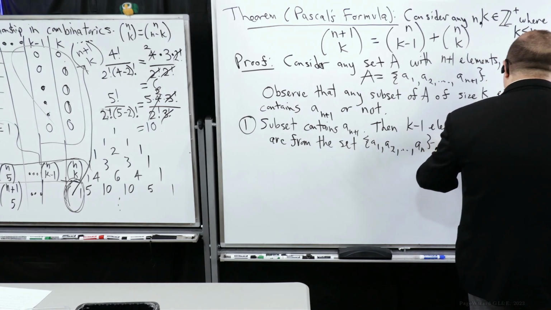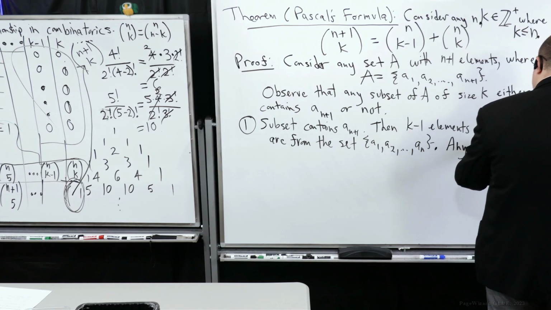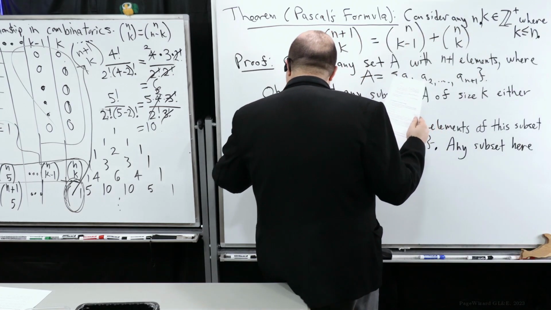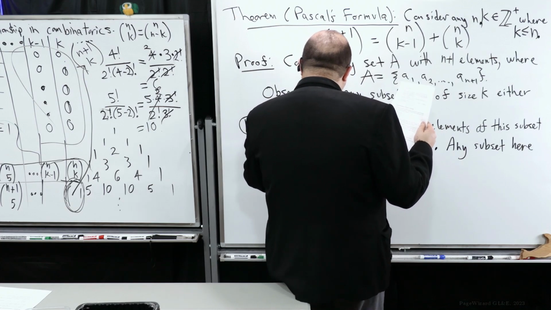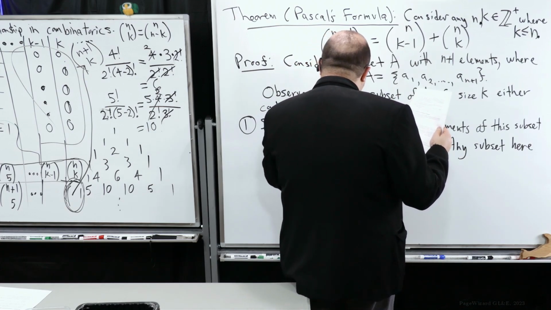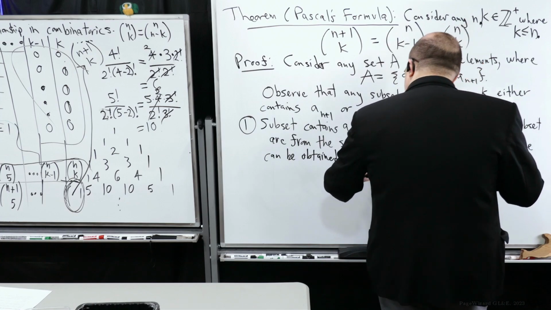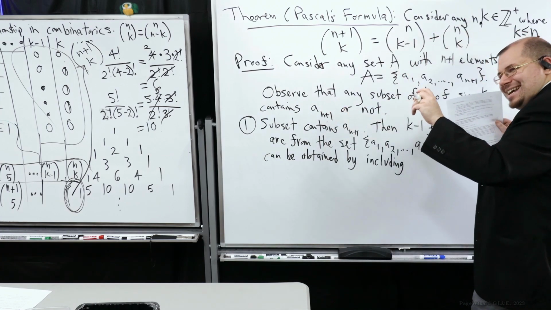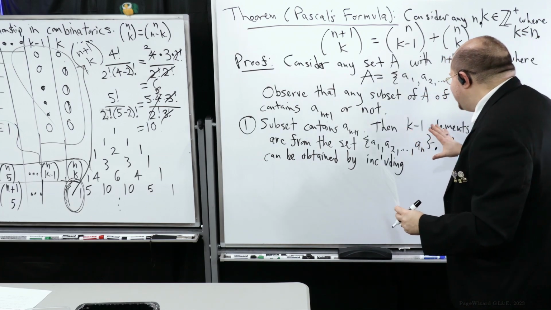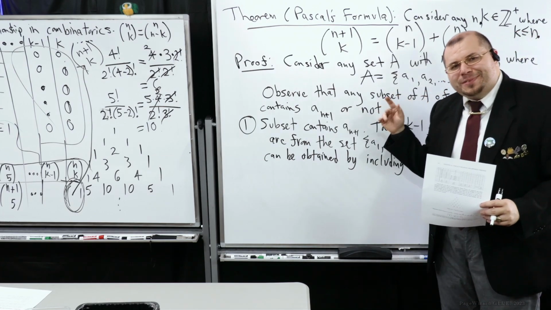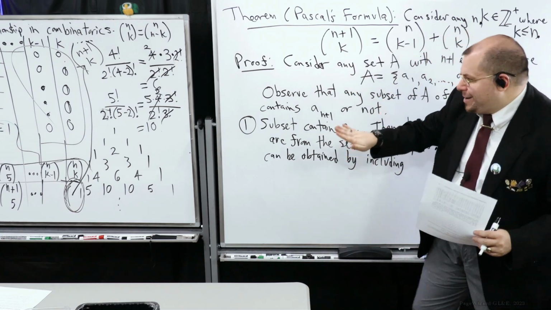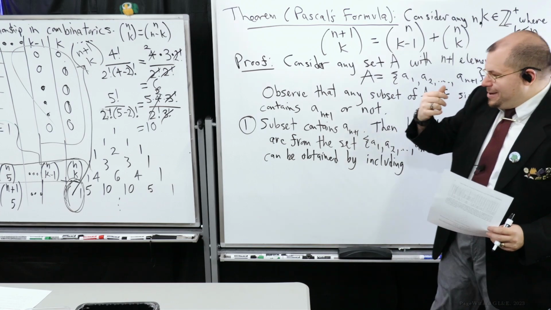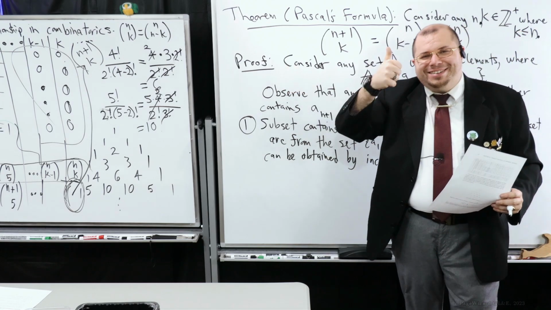So any subset here can be obtained by including an plus 1. So just imagine you're tacking this on. It's just like a little post-it note. So you have your subset of size k minus 1 from this set, and then you just tack on an plus 1 like a post-it note. It's like, look, I did all the work of picking these k minus 1 elements. Oh, here's my post-it note. Okay, there's an plus 1. Good job, everybody.